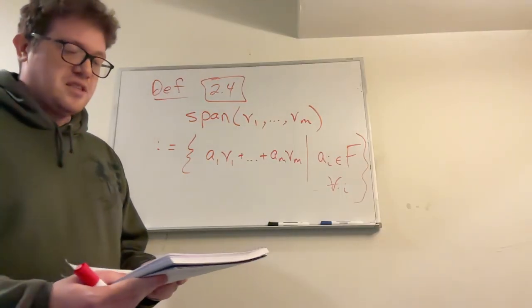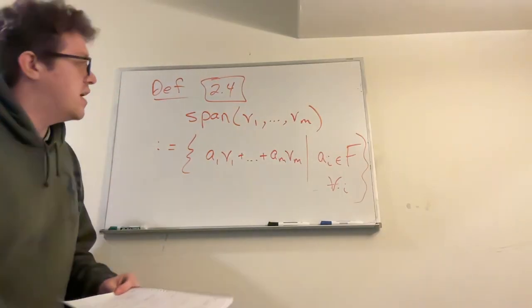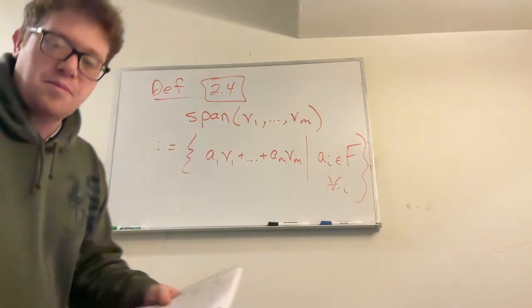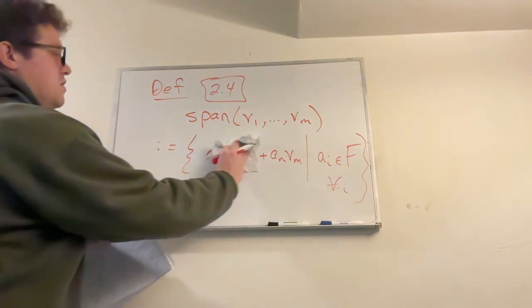Oh, I went to span and I skipped the linear combinations. Right, so span is all possible linear combinations, but I skipped the examples. Let's do a couple examples of linear combinations.